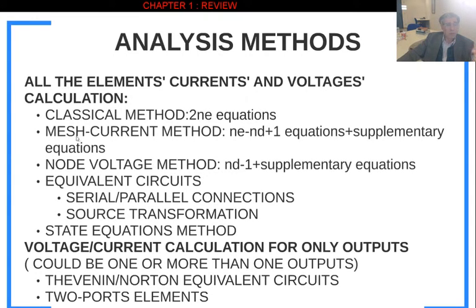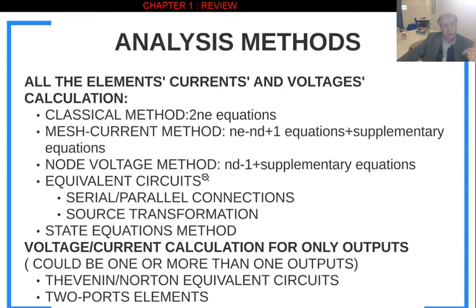Another method is the mesh current method. In this case, you use fewer equations: NE minus ND plus 1 equations, plus the supplementary equations. Or the other method, the node voltage method: ND minus 1 equations plus the supplementary equations.